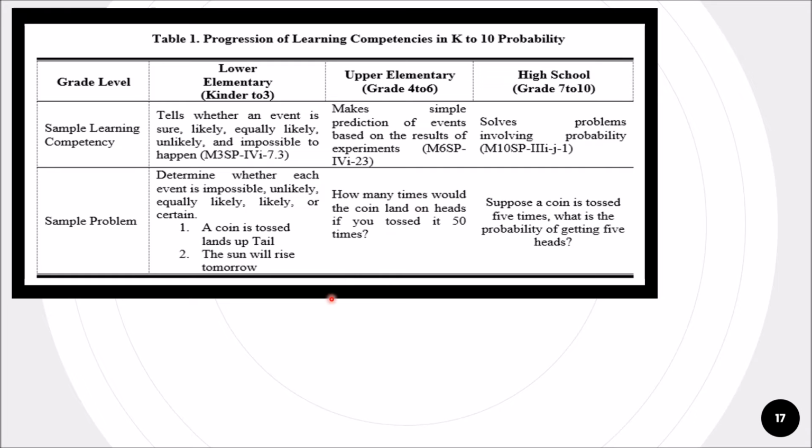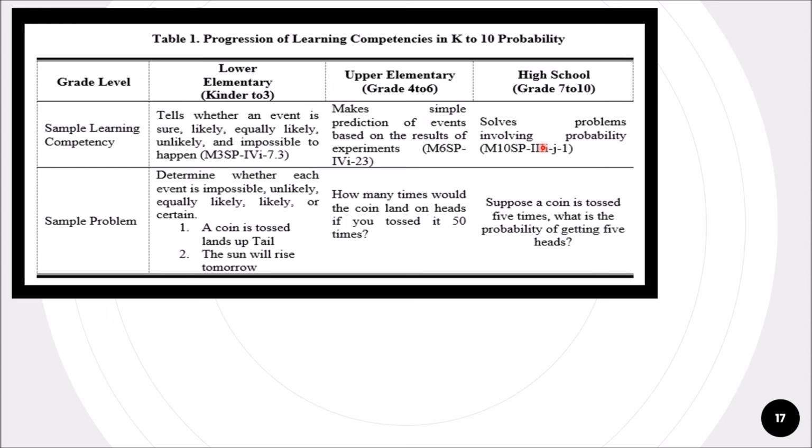From grade 3, in upper elementary, centered in simple experiment and experimental probability. Moreover, in grades 7 to 10, the highlighted standard is more on solving probability, as shown in the sample competencies in Table 1. Competencies from lower years serve as a basic prerequisite skill needed for the student to be prepared for the succeeding grade levels.